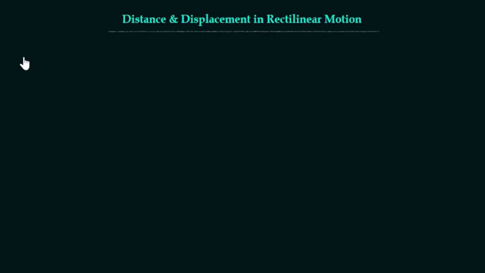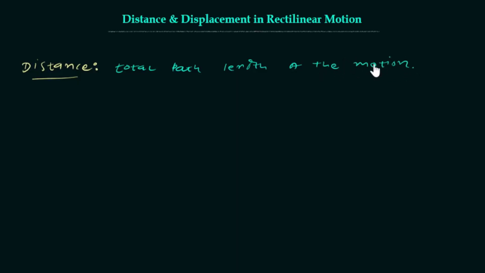Okay, so first is distance. What is distance? Basically, distance is the total path length of the motion. The SI unit of distance is meter.